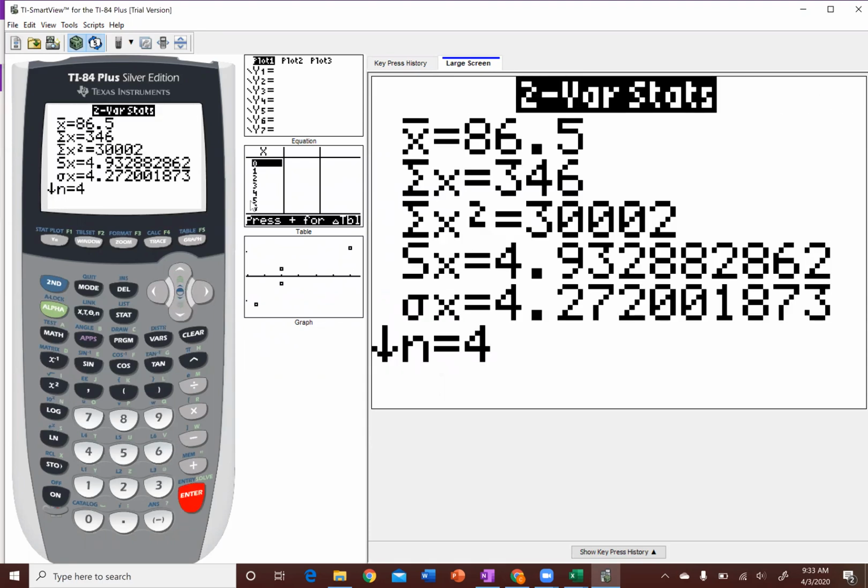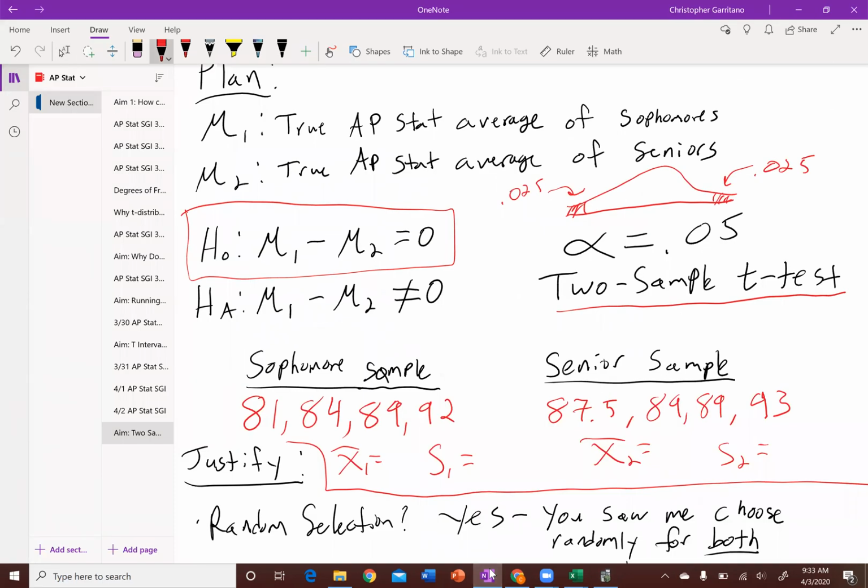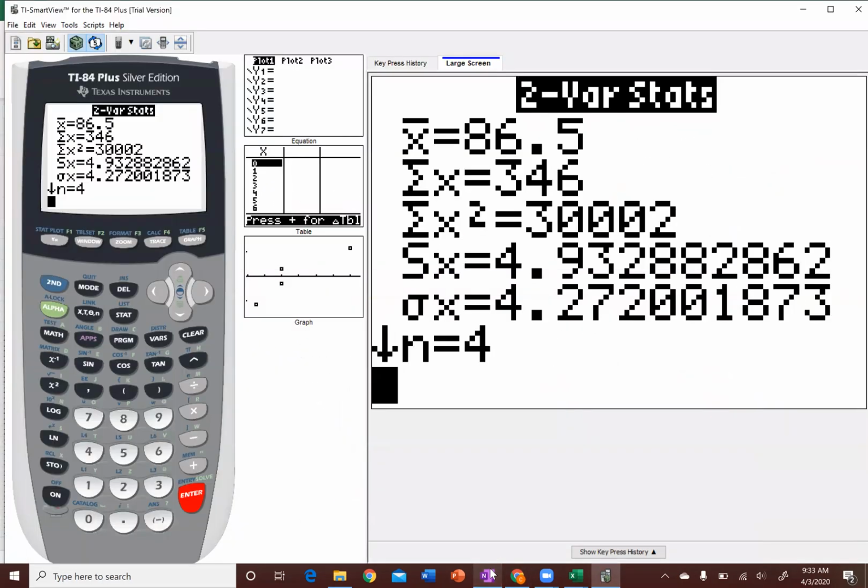So by doing two variable stat, I can actually get the summary statistics for both samples at the same time. So that X bar is the average of list 1, which were the sophomores. So 86.5 is the sample average. The sample standard deviation was 4.9329.